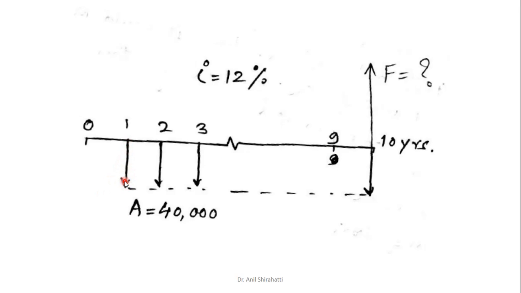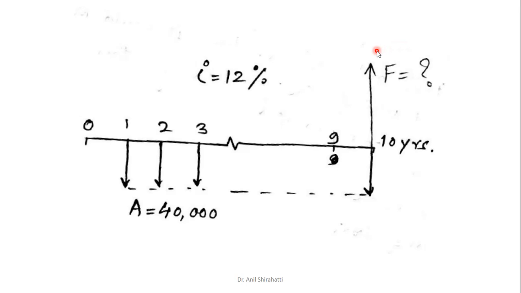At the end of the first year 40,000, at the end of the second year 40,000, at the end of the third year 40,000. Like this he goes on paying till the 10th year, and the bank will give him an interest of 12%. At the end of the 10th year he wants to find the future amount he may get, because now he is standing here. This is happening in the future, that's why it is unknown.